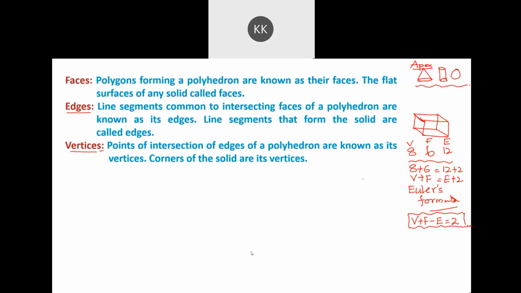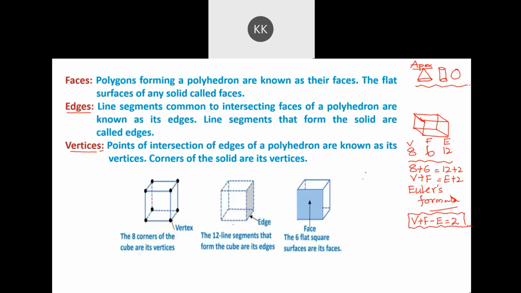Apex. It is called apex. For a cylinder, there is no apex and there are no vertices. For a sphere also, there are no vertices or edges. So this formula is applicable for those figures which have vertices, faces and edges.